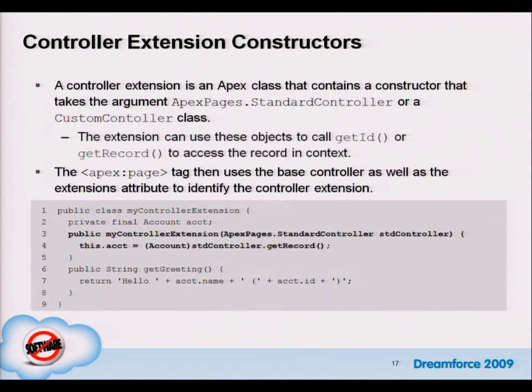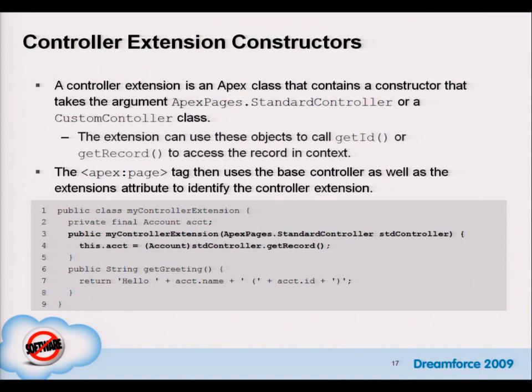So you may want, with your custom extension, to talk to the standard one. What for? To provide extra logic, right? I don't want to save. I want to check some extra data. So I'm going to connect to my data by calling, this is on line number 3, public my controller extension, Apex page, standard controller. I make the connection to my standard controller.